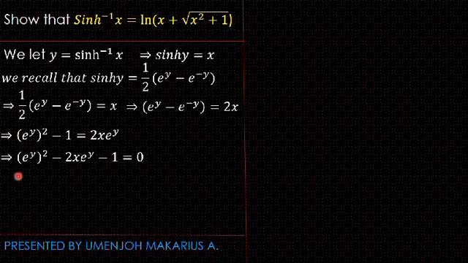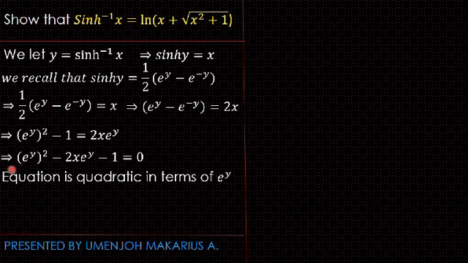So guys, from here we can observe that this is a quadratic equation in terms of e raised to the power y, right? If you haven't recognized that, we can let our substitution, e raised to the power y, be M, capital M. Please don't ask me why I'm still using capital M, which I used last time, but I prefer M because that's the beginning of my Christian name.